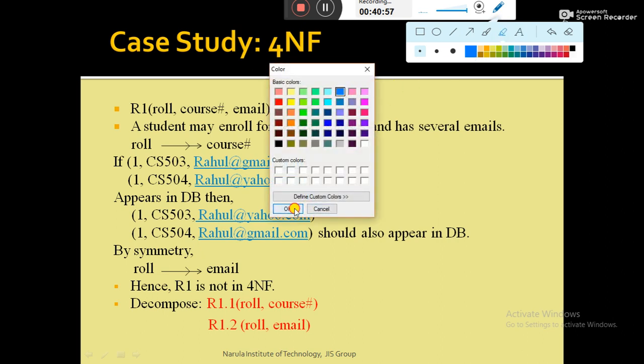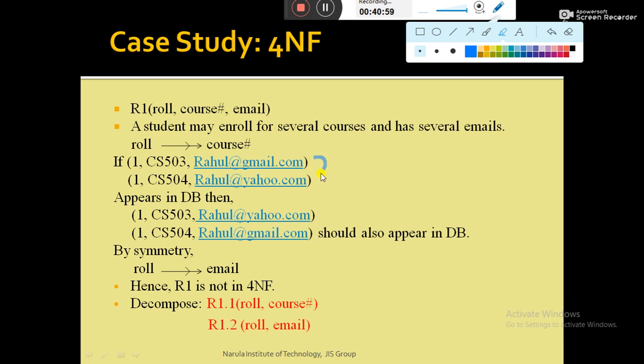Now the very important point here is that if only these two datasets are present, then it signifies that the course and mail ID have some kind of dependency between them.